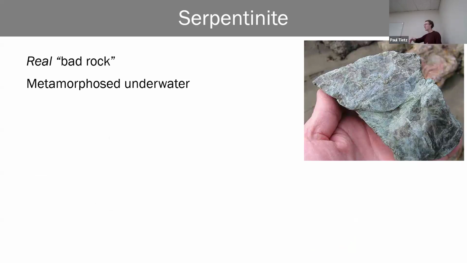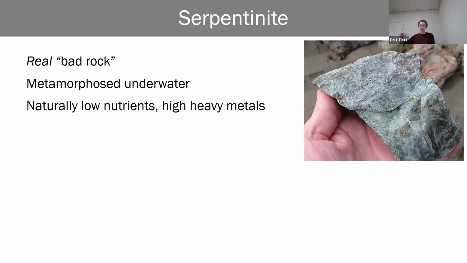Exposed to some kind of heat or pressure, probably only found at hydrothermal vents, so it's a little bit more rare. I don't think that we have it in Idaho necessarily, but this interesting metamorphic process results in naturally very low amounts of nutrients and a very high load of heavy metals at the same time.